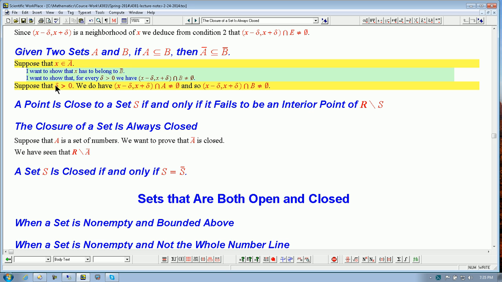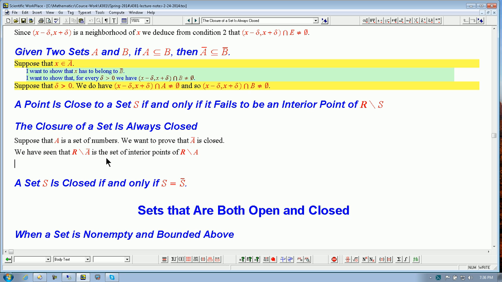Leaving that aside, let's come back. This was to give you a rest. The points that are close to a set are the points that are not interior to the complement. The points that are not close to a set, the complement of A bar, is the set of interior points of the complement. Yes?